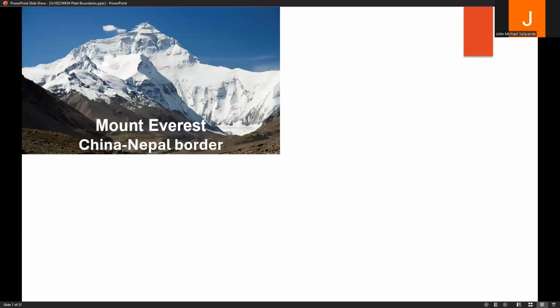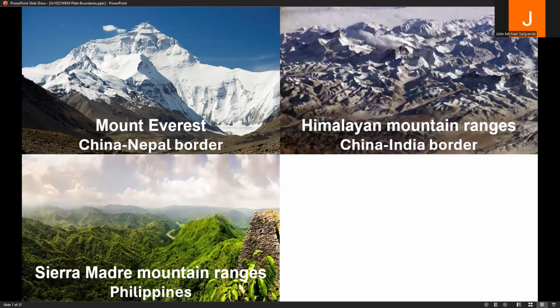For mountains, we have the highest mountain in the world, which is Mount Everest, found in the China-Nepal border. And just near Mount Everest are the Himalayan mountain ranges, found at the China-India border. In the Philippines, we have the Sierra Madre mountain ranges from Region 2, Cagayan Valley, up until Region 5, Bicol region.